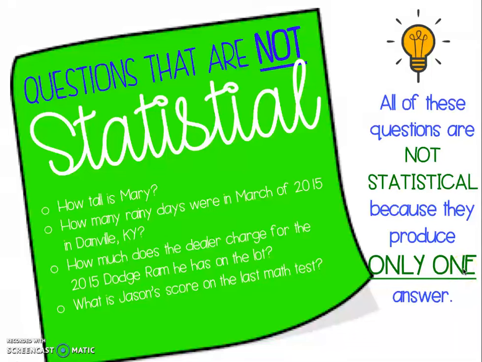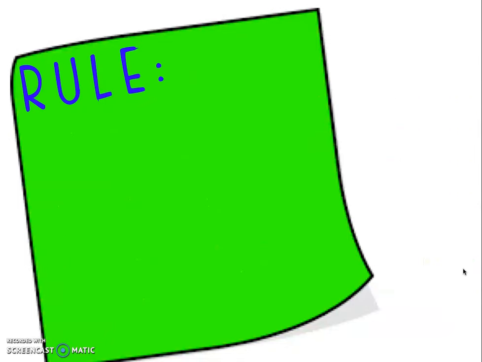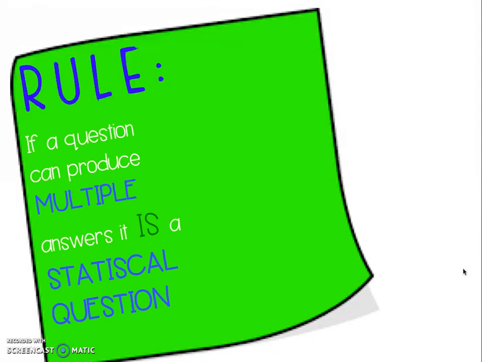Okay, all right, so flip on over to the back of your paper. We're going to write a rule for helping us determine if a question is statistical or not statistical. So to determine if they are statistical questions, we're going to say if a question can produce multiple answers, then yes, it is a statistical question.